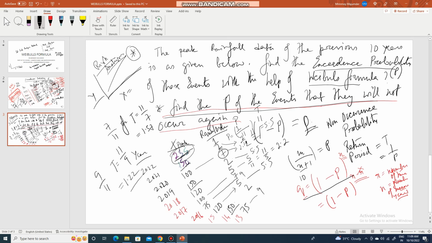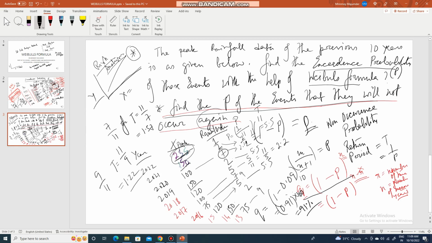And the probability that they will not occur again, you can find out by Q is equal to 1 minus 0.09. That means it is coming 0.909, so you can take it as 0.91. If I multiply 100 with this value, then there is a 91% probability that this event will not occur again.